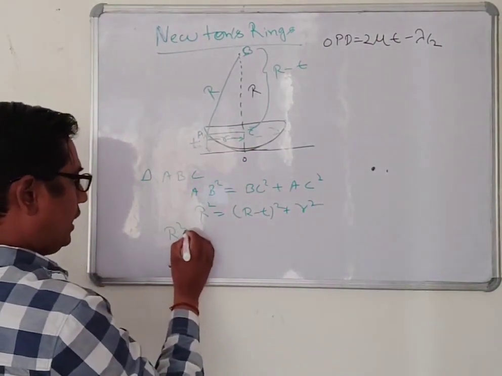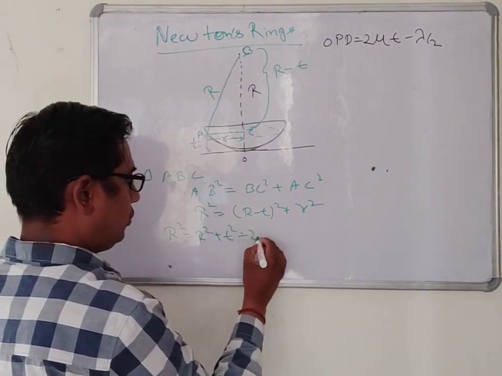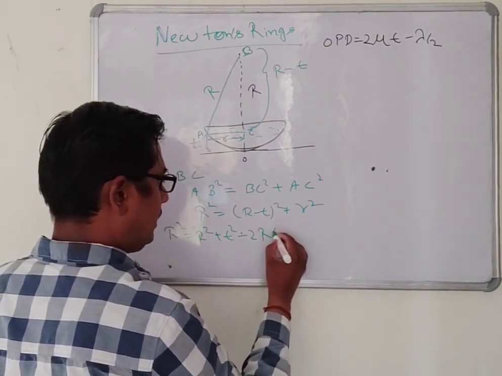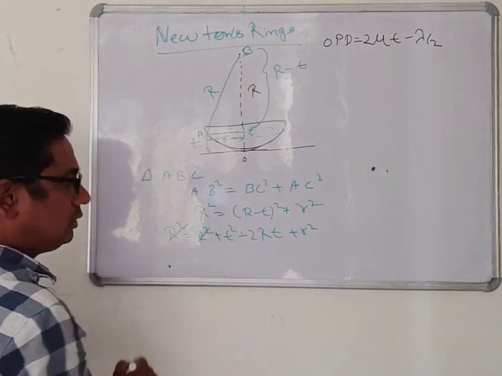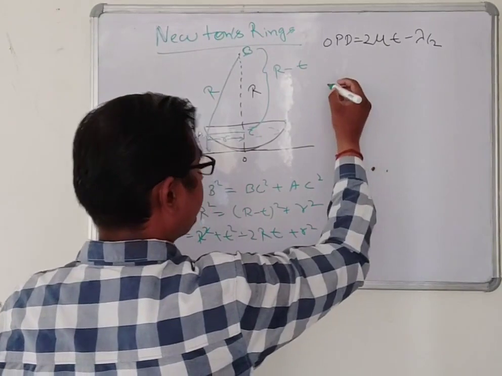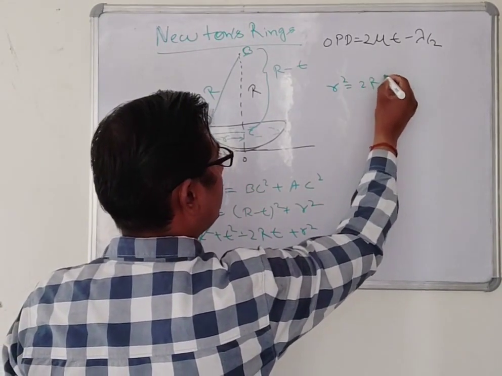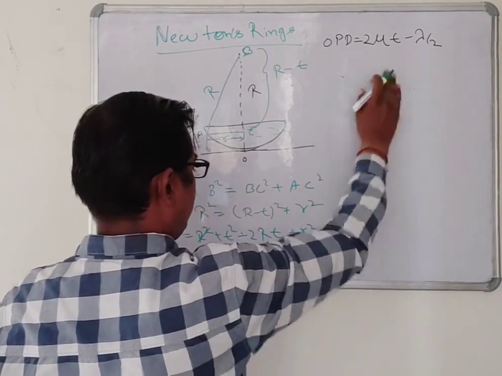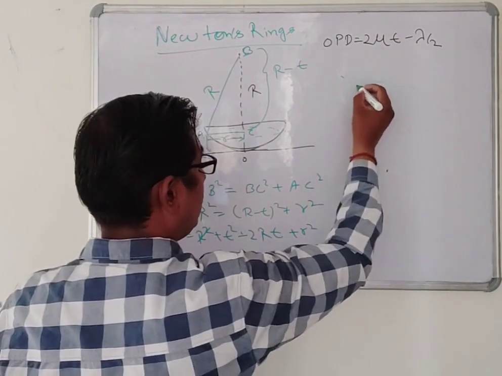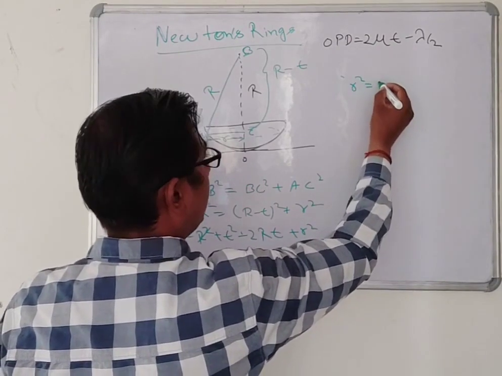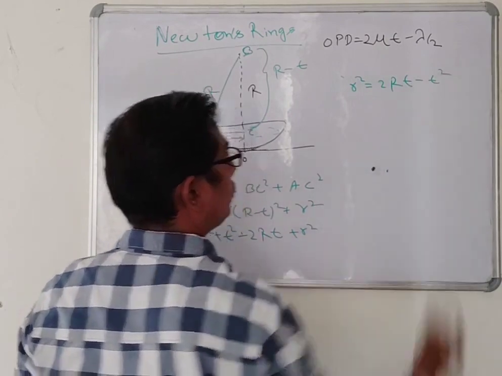Now R square is R square plus T square minus 2RT plus R square. You can see that the R square terms cancel out. You can write r square is equal to 2RT minus T square.